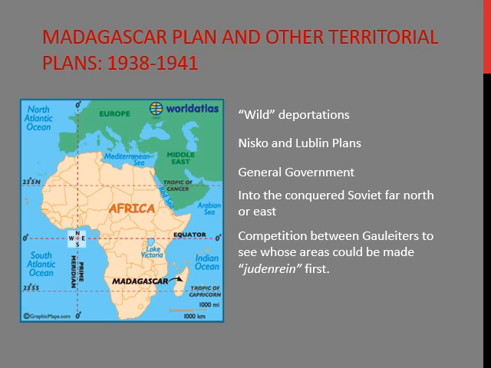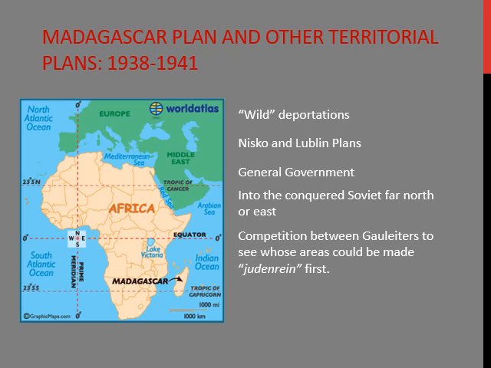Then, when Germany pushed into the Soviet Union with Operation Barbarossa, there was about a 6 month period where the Nazis thought, you know what, we can ship Jews into Siberia or far east or far north, over the Ural Mountains, out of Europe altogether, and that'll be the way we'll solve the Jewish problem with some territory that we can get to through our military conquest.